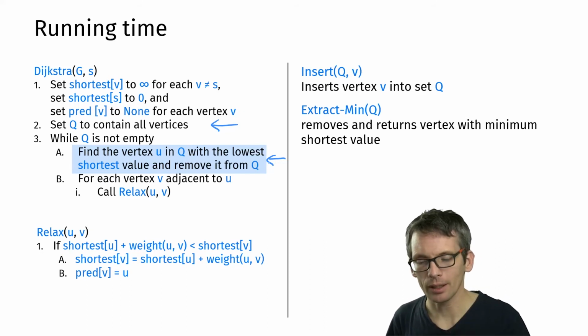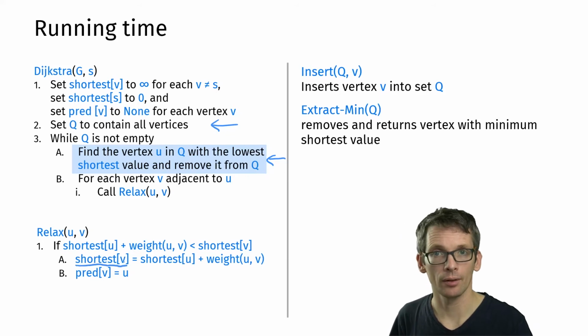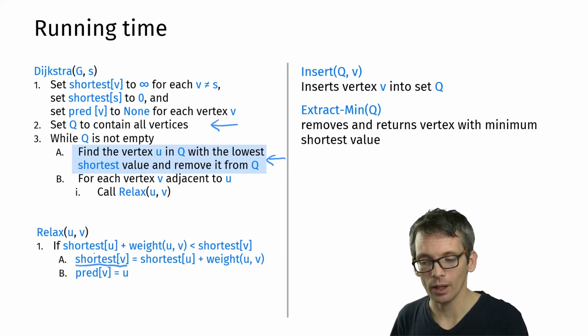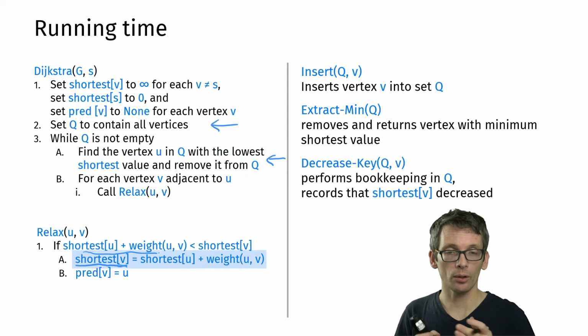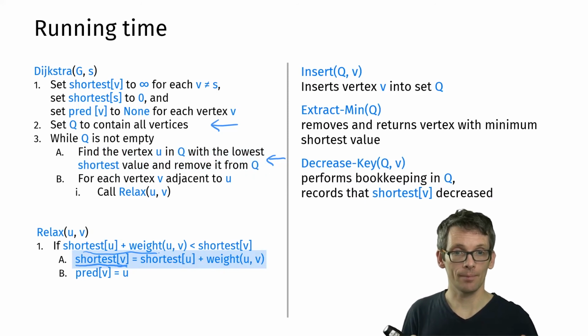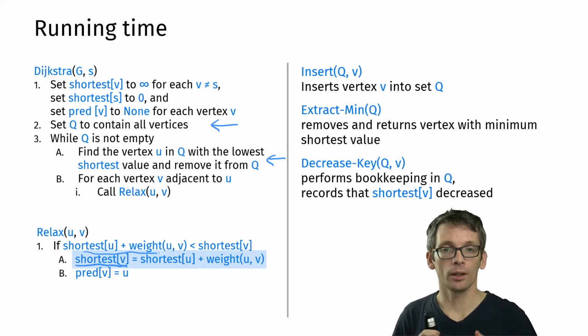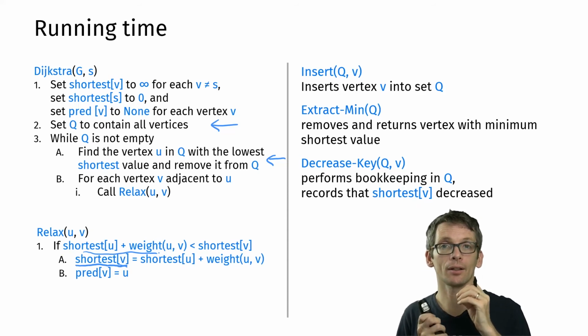What I also want to be able to do is change the key. But when I change it, I only need to decrease it, because in relax, if I change it, then only because the new value is smaller than the old value. So I also need decrease key. And what does this correspond to? This corresponds to a priority queue.